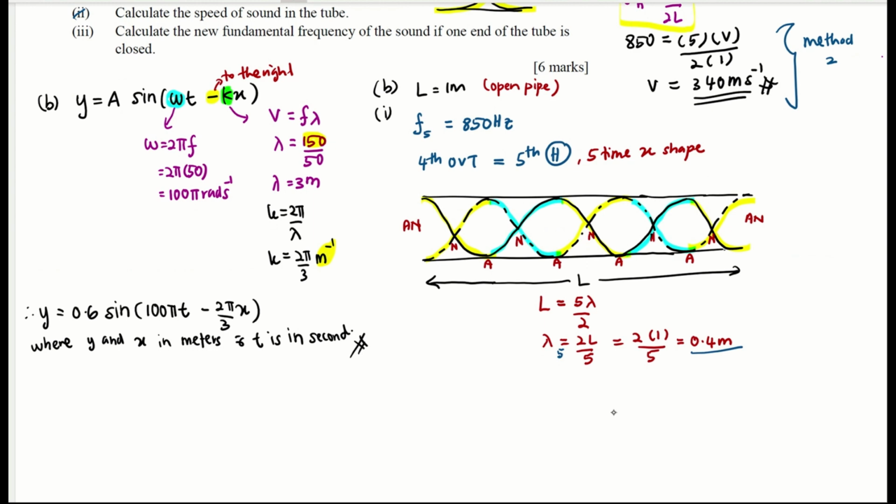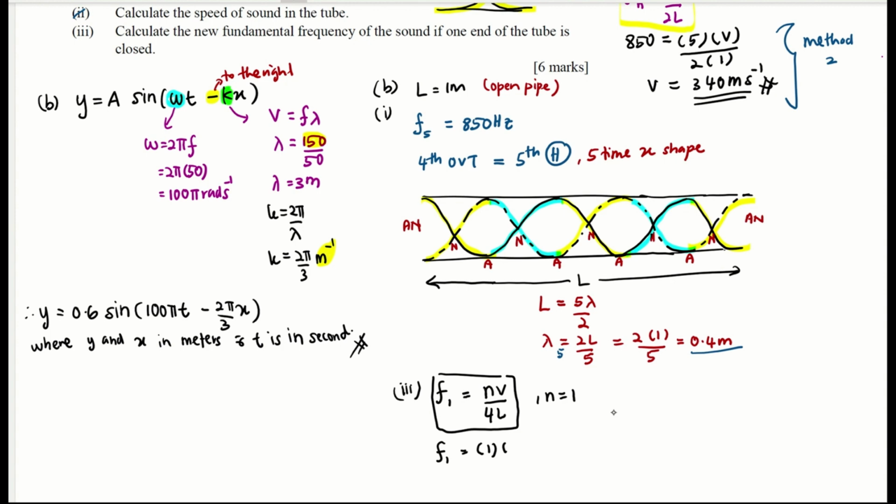Alright, so untuk closed pipe, senang sajalah you guna formula untuk fundamental frequency F1 is equal to NV over 4L. Dan equation ni dah ada dah kat depan. So fundamental frequency N is equal to 1.